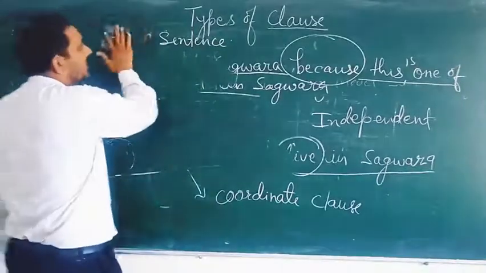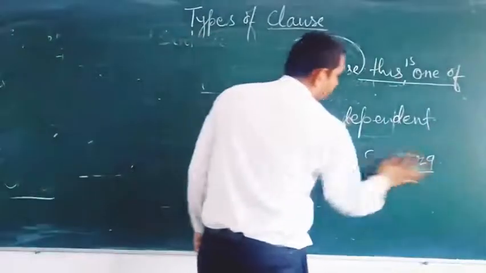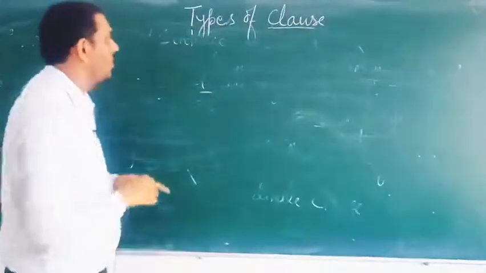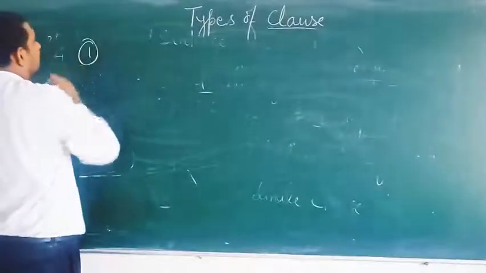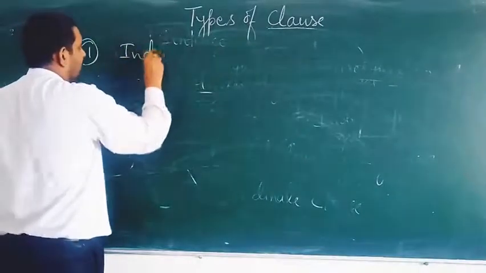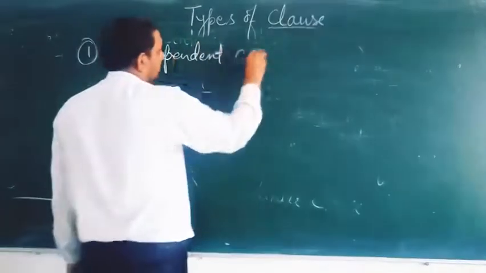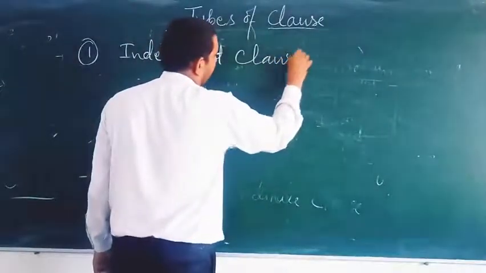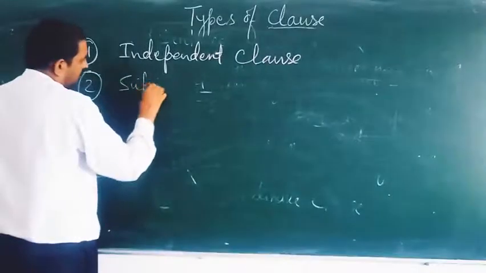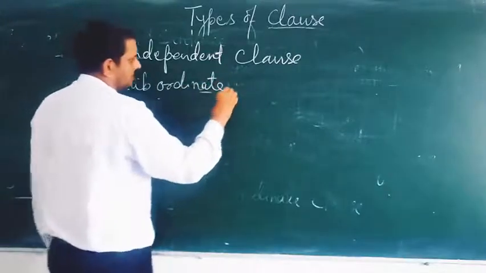What are the types of clause? According to sentence structure, as we just saw, there are two types of clause. One is independent clause, and the second one is subordinate clause.